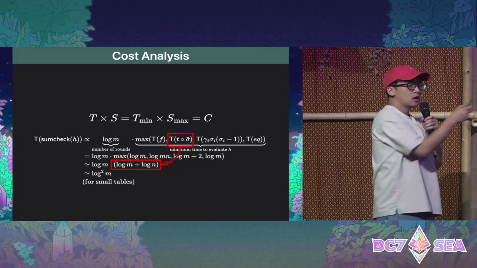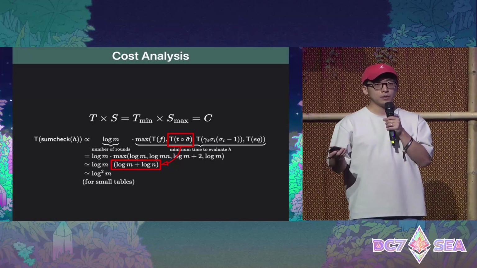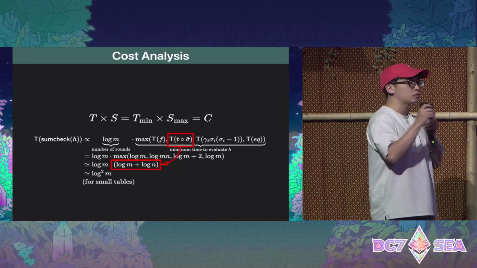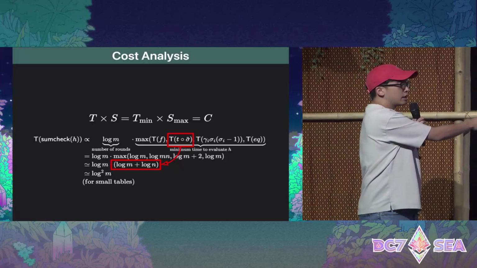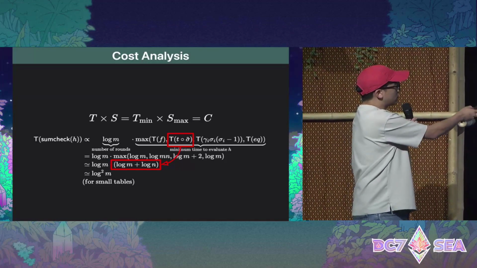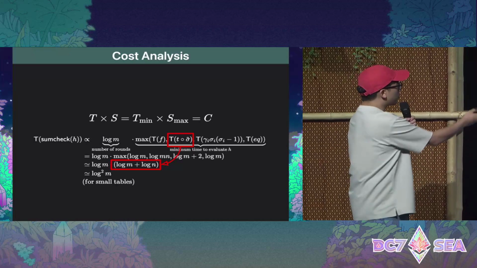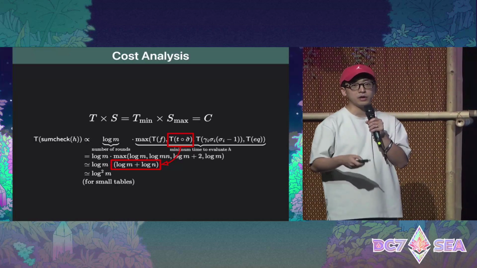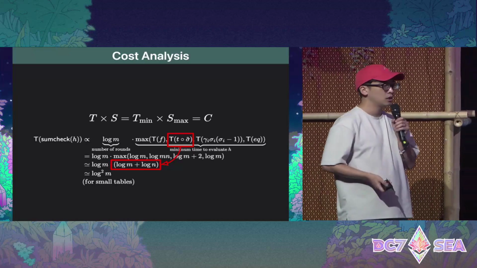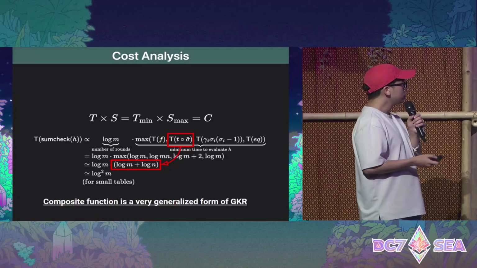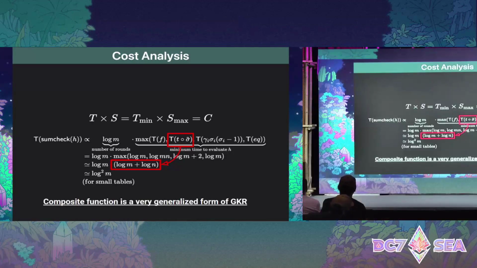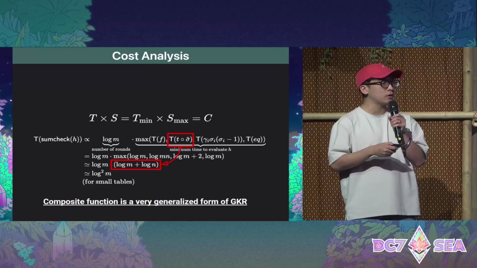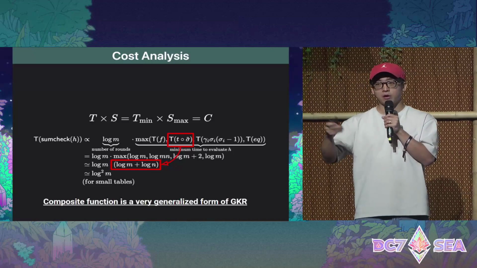But in the multivariate setup, we can change that logarithmically. The result depends on the number of rounds times the evaluation cost of the composite function. And once again, the composite function is a very generalized version of a GKR-ish approach.